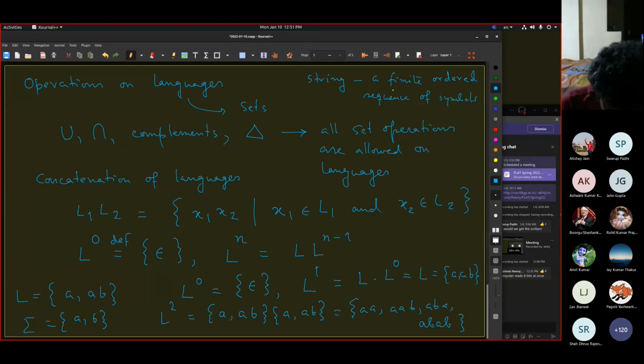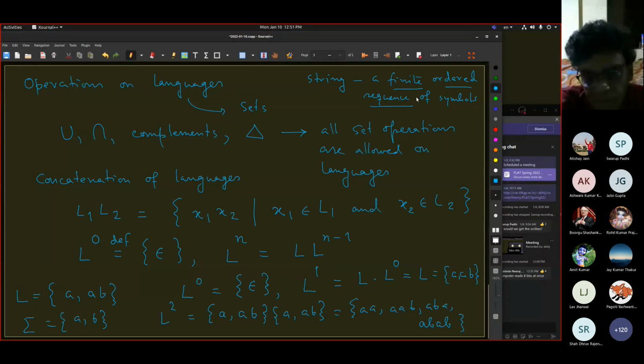Finite, and it's an ordered sequence. So AB and BA are not the same string. So finite is important, ordering is also important. Okay, that is fine.